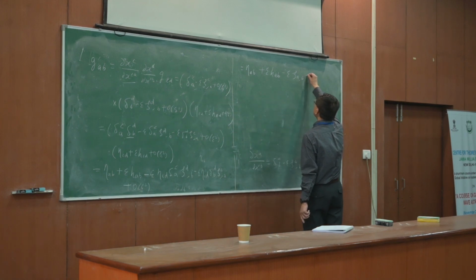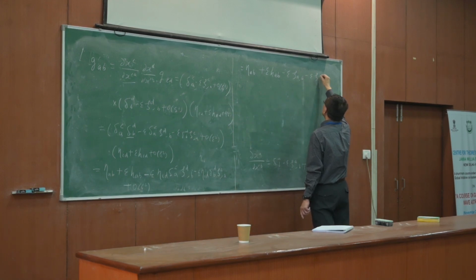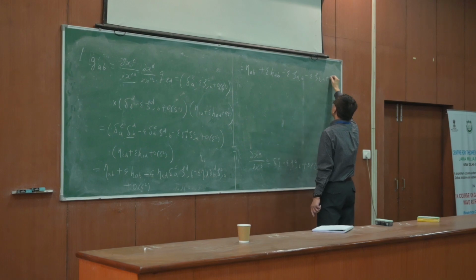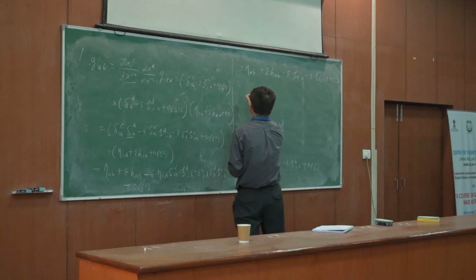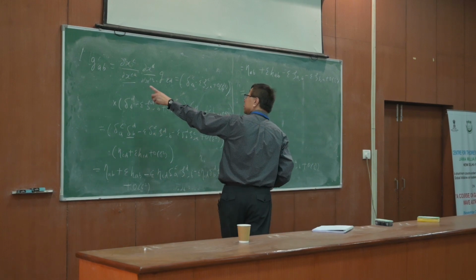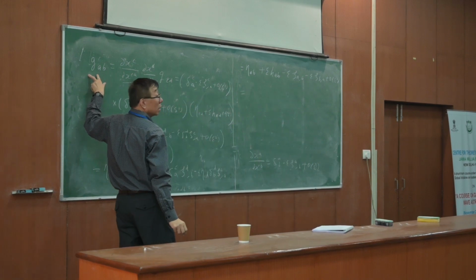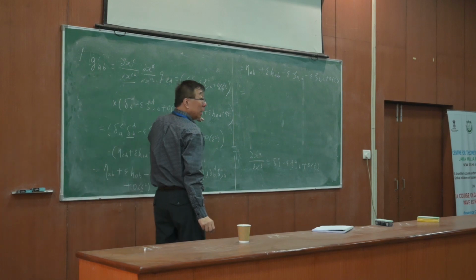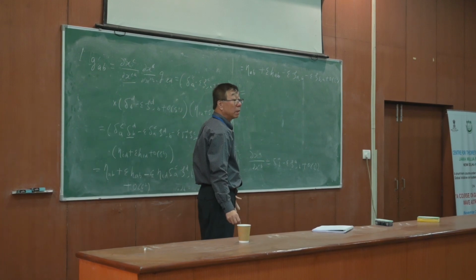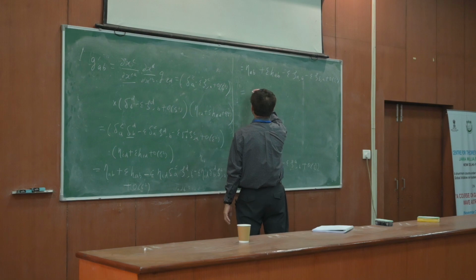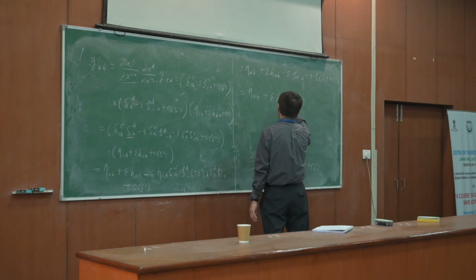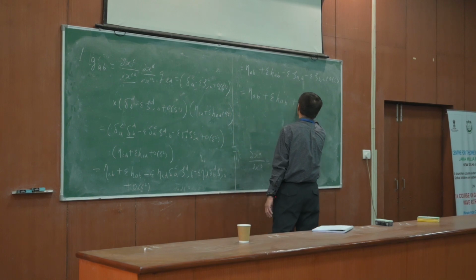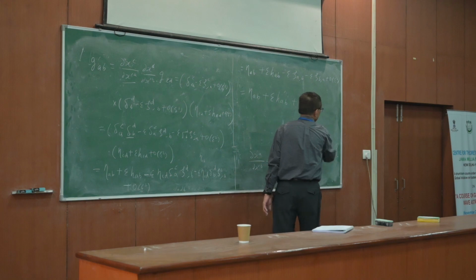So it's a minus... you can imagine this equals my g_ab. When I measure my g_ab, I know this will be eta_ab plus h_ab, and h'_ab.